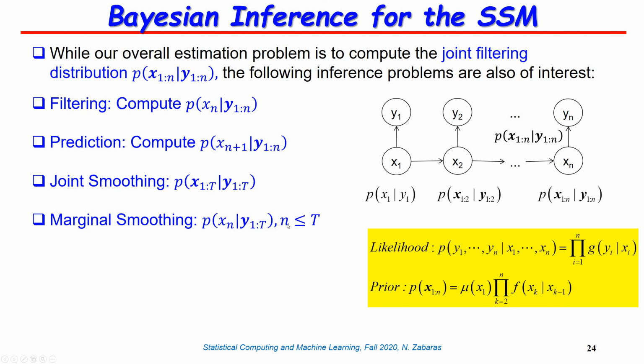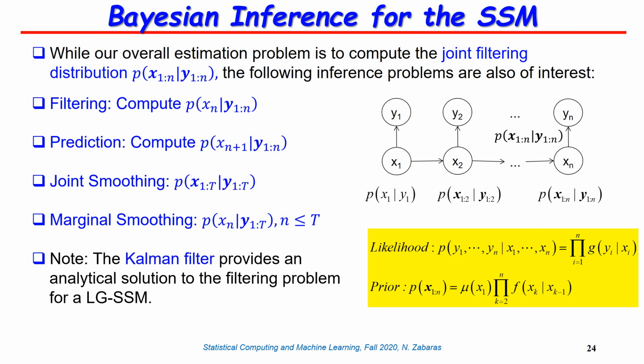So if you go back at n less or equal to capital T and you say, what is the probability of xn given all of my observations, not just up to time n, but all of my observations from time 1 to T, that's the marginal smoothing distribution that is, of course, significant for offline type of calculations.